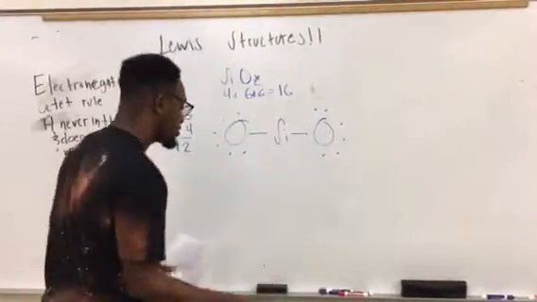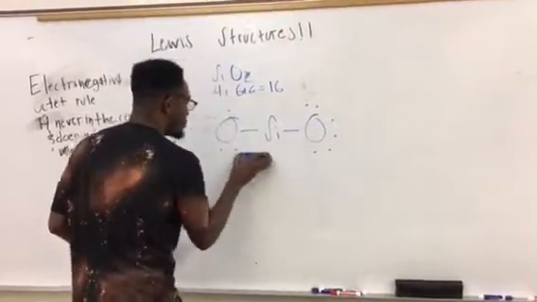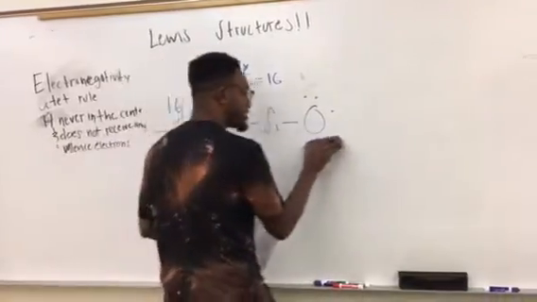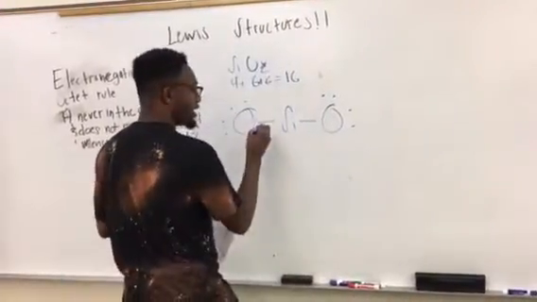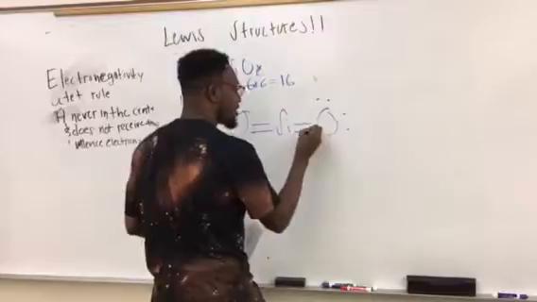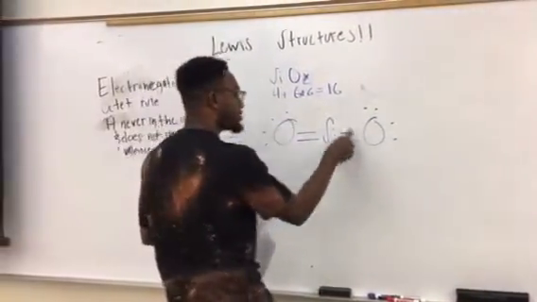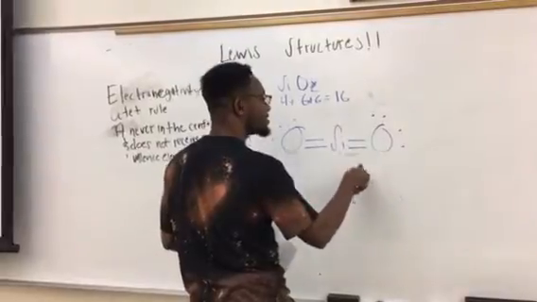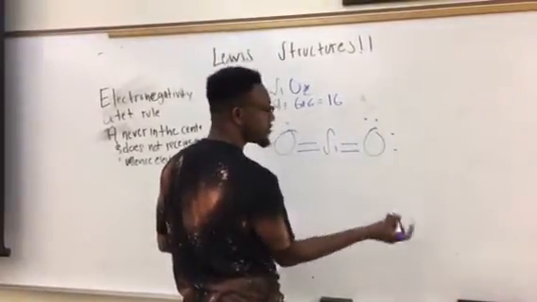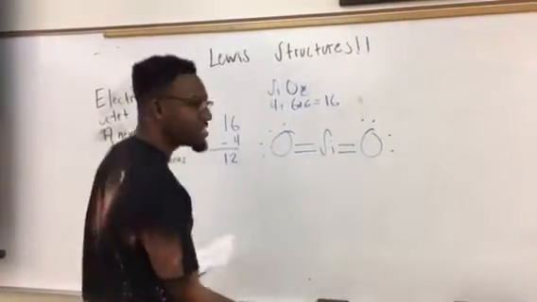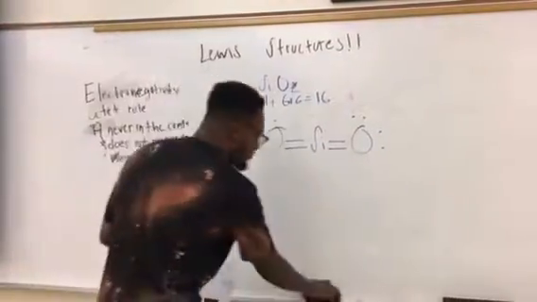An easy fix is to erase these and draw a line right here and a line right here. Now the silicon is surrounded with 8 valence electrons, and each oxygen is surrounded with 8 valence electrons. It actually helps you move a little better.